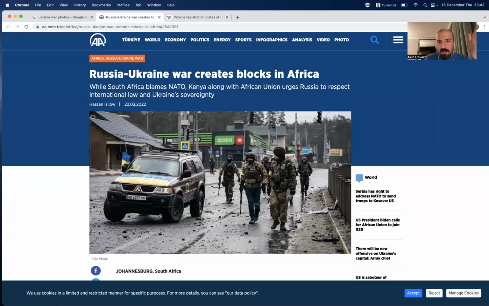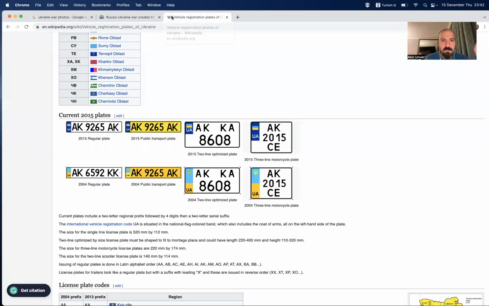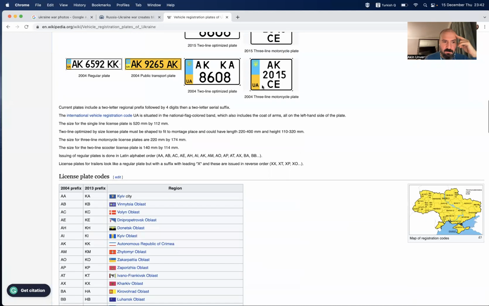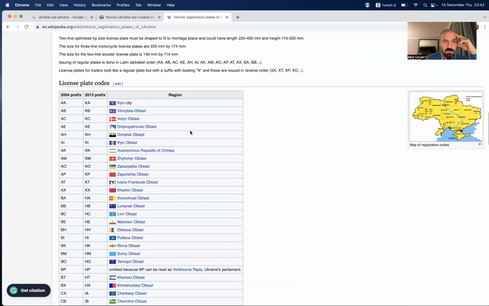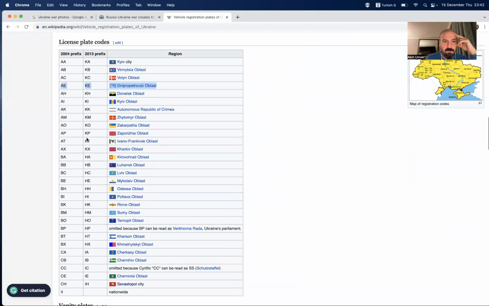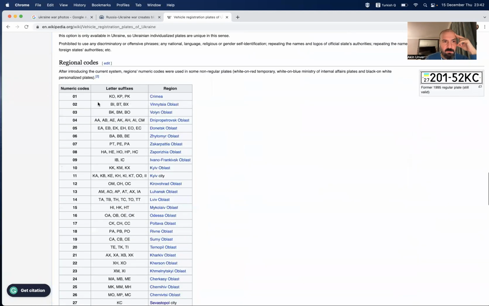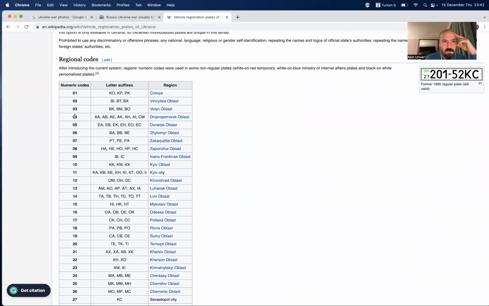So, okay, I know that this photo was taken somewhere in Ukraine, but I wonder where. I'm looking at license plate codes, and here I understand that AE, let's see if we have more regional ones.